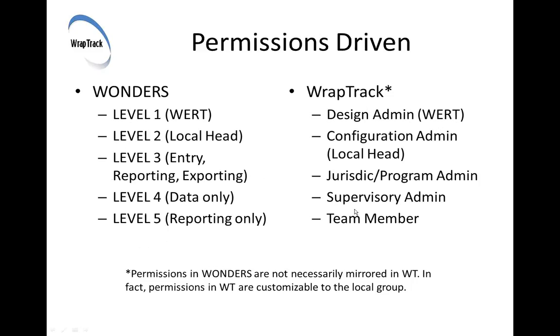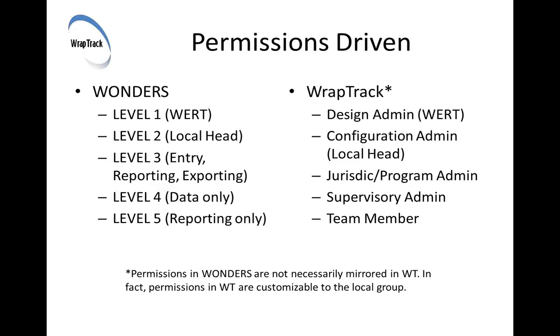But at any rate, a couple of things to note. Again, you can ignore the left-hand side of this, but one thing is that in Wonders we had a very rigid and strict configuration set up for that group of users. For example, you can see there are levels 1 through 5, and it identifies who the person is or what their role is, and we didn't have any flexibility in there at all.